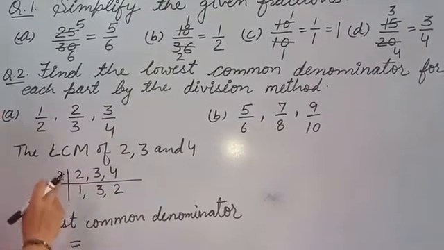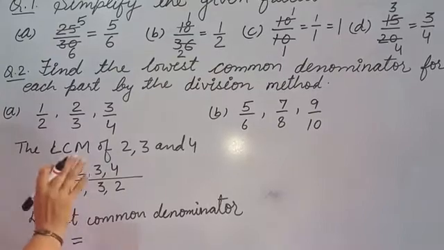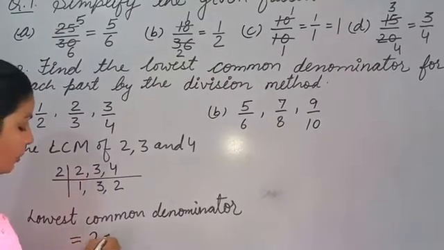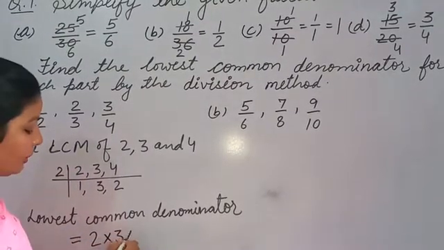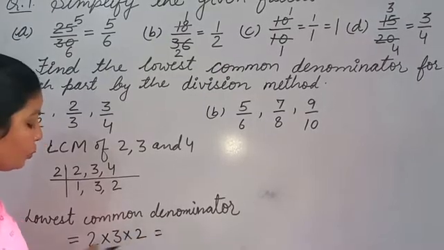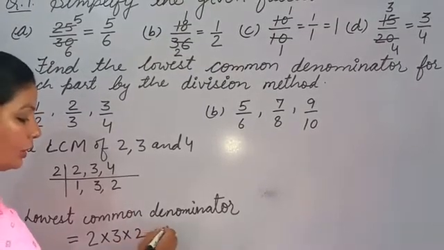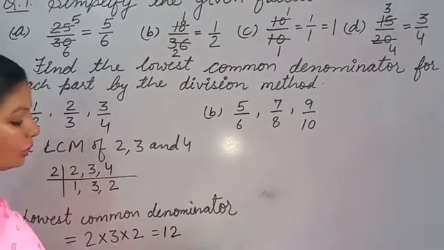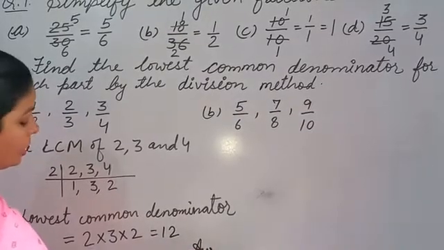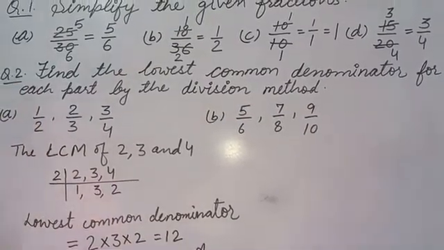So we can leave 1 because any number multiplied by 1 is the number itself. So 2 multiplied by 3 multiplied by 2. 2 3s are 6, 6 2s are 12. So that's your answer. This is asking only the lowest common denominator.